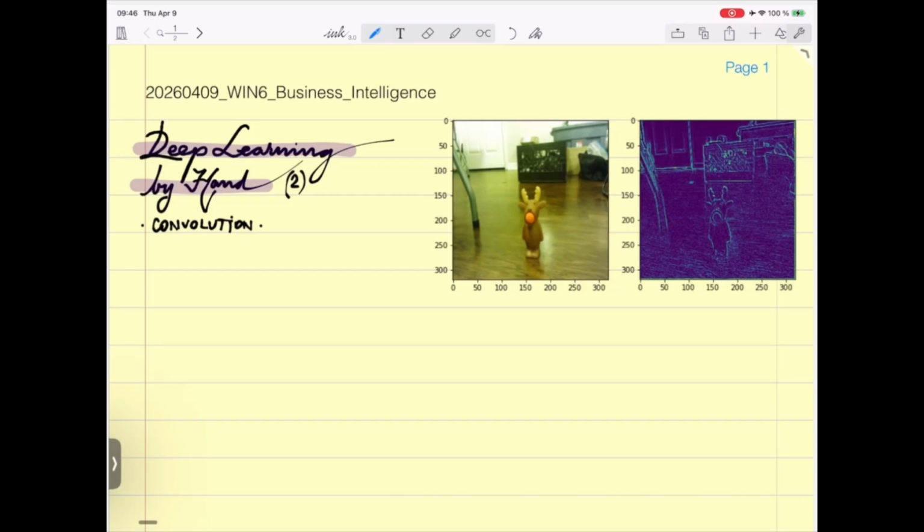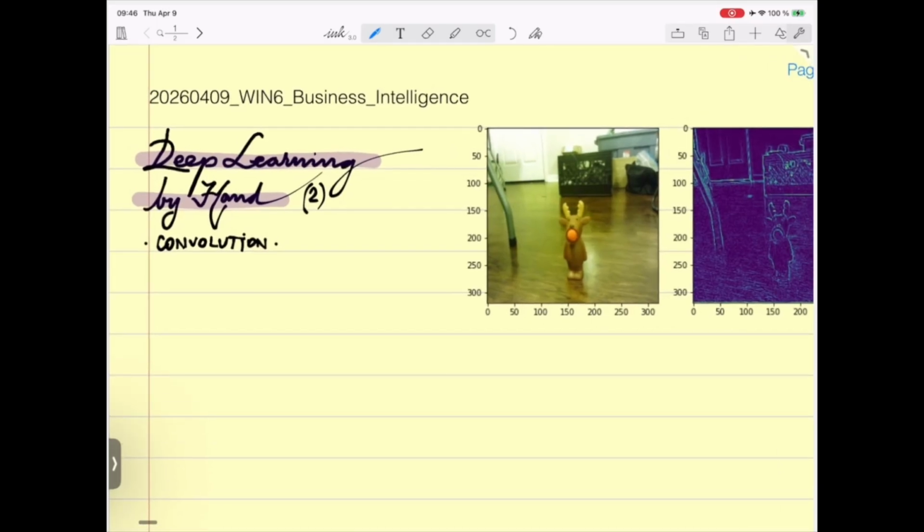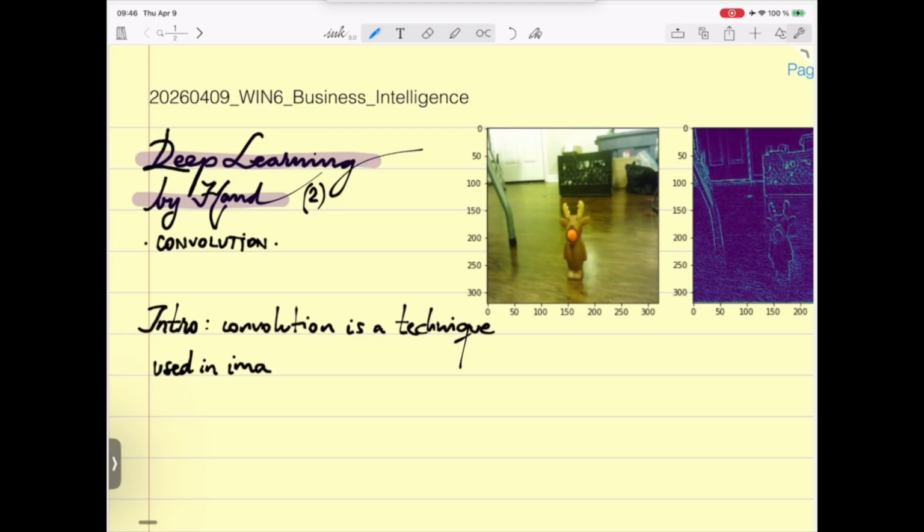Okay, so for background or introduction, convolution is a technique used in image processing.